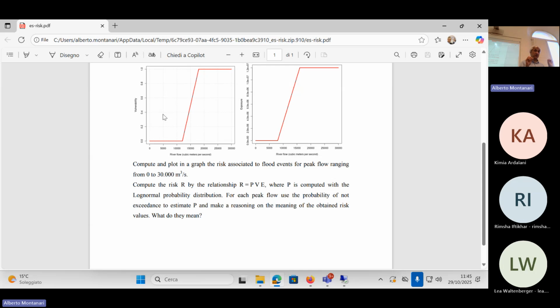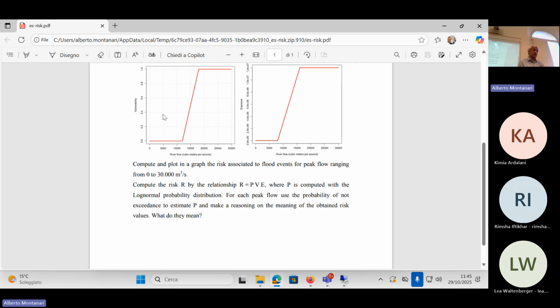Remember that. This is the only thing I said, but I didn't say P is cumulative probability or probability density. I only said this is the probability of the event and it's decreasing for increasing intensity.